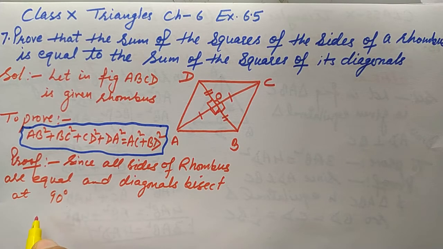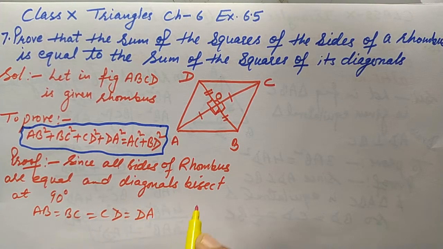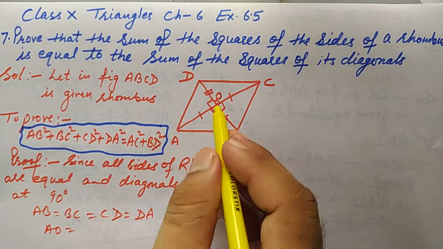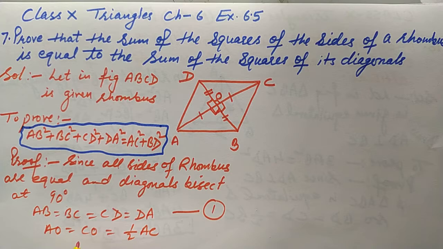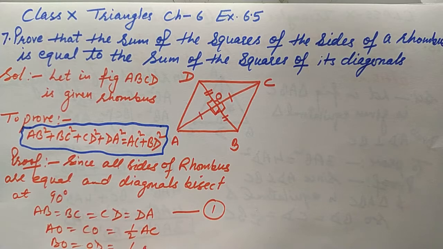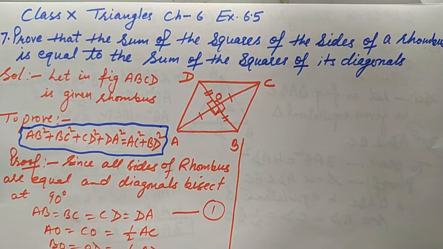It means we have AB is equal to BC is equal to CD is equal to DA. Suppose this is number one. And second thing is AO is equal to CO, that is equal to half of AC. And third thing is BO is equal to OD, that is half of BD. These things we will be using in this question.